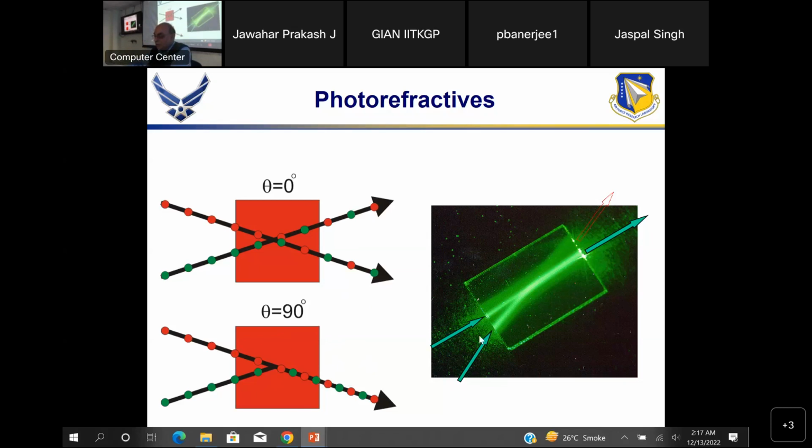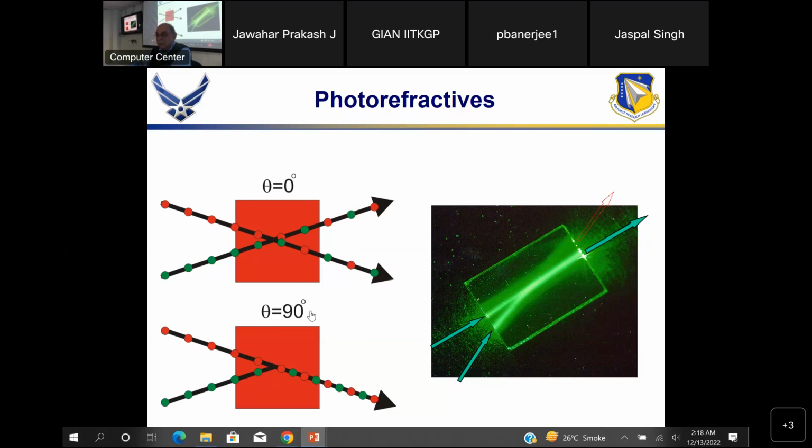If you shine these two beams of light, one of them is going to extinguish, essentially. The other one is going to be amplified. This happens more in materials that have this phase shift, not lithium niobate, but barium titanate, for instance, strontium barium niobate, and so on.